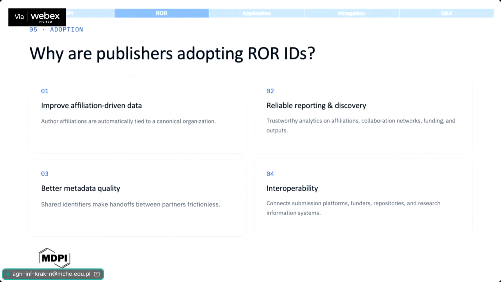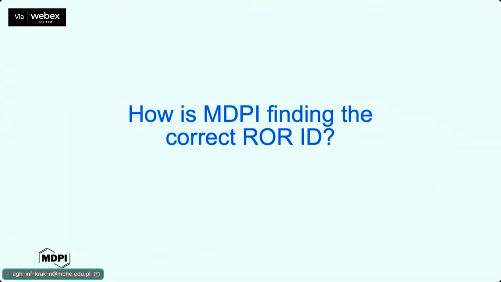MDPI shares a lot of metadata about the articles it publishes with, for example, Crossref, funders, and other institutions, so having this common identifier for the institutions that publish with us is quite relevant.